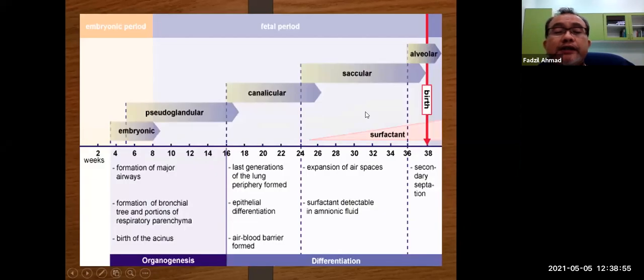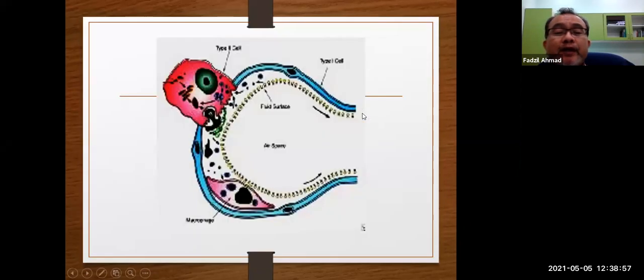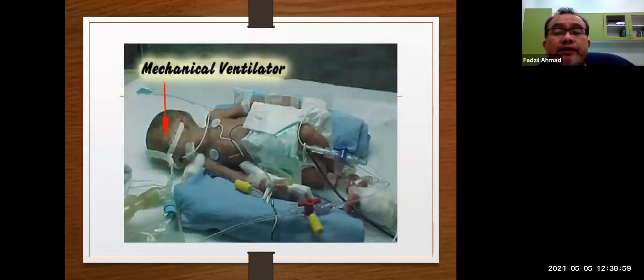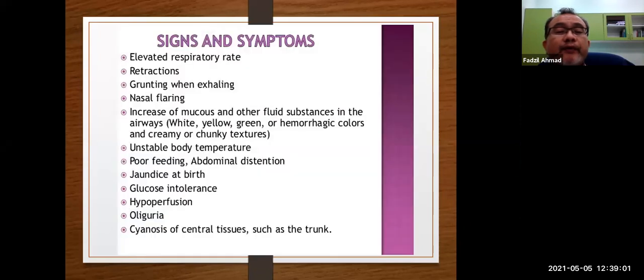The other is the systemic symptoms: unstable temperature, abdominal distension, glucose intolerance. Usually it tells you that probably the child has sepsis, and this points more to congenital pneumonia. Any other questions?